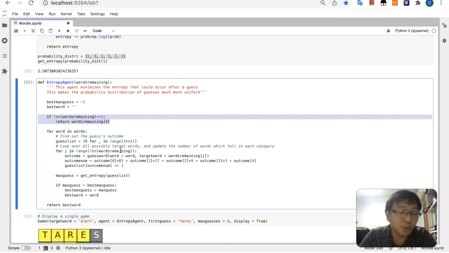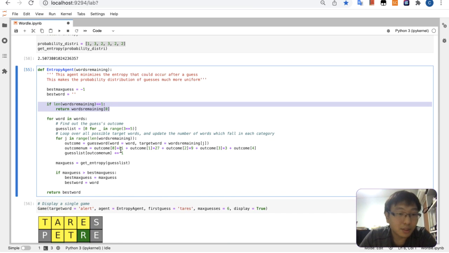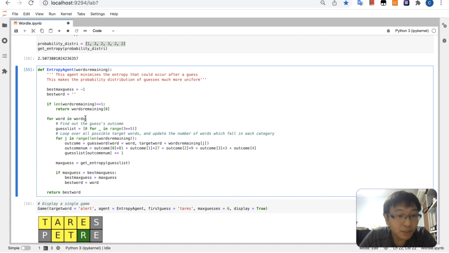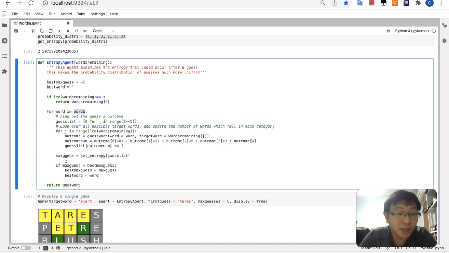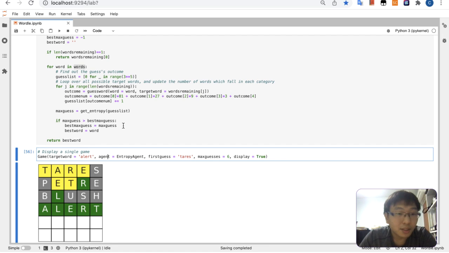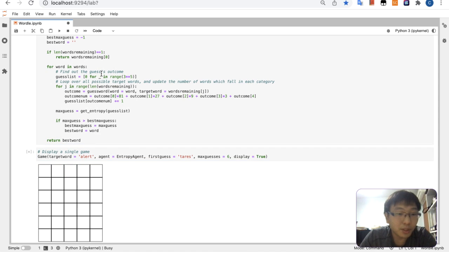We can just output this. So I guess if it's greater or equal, right? If it was just the words remaining, it will be fine, because the only word remaining will be alerts. But because we want to increase our guess outcome, we will guess with all possible words.